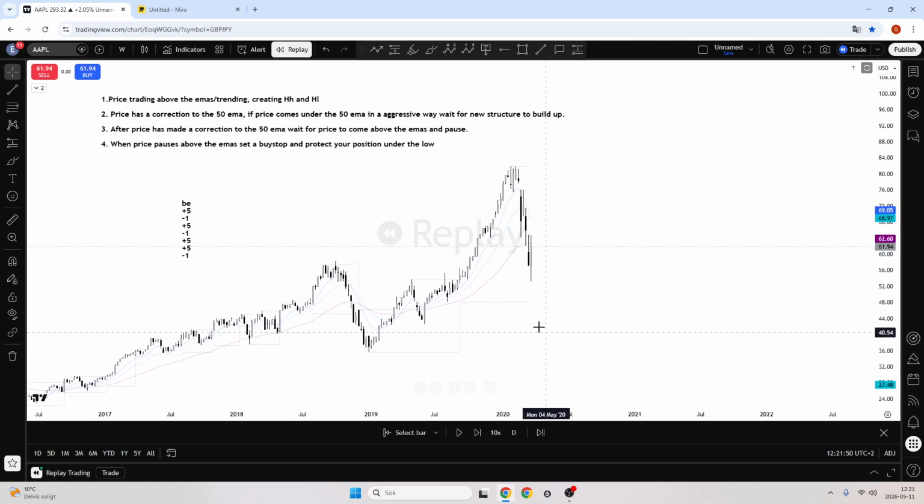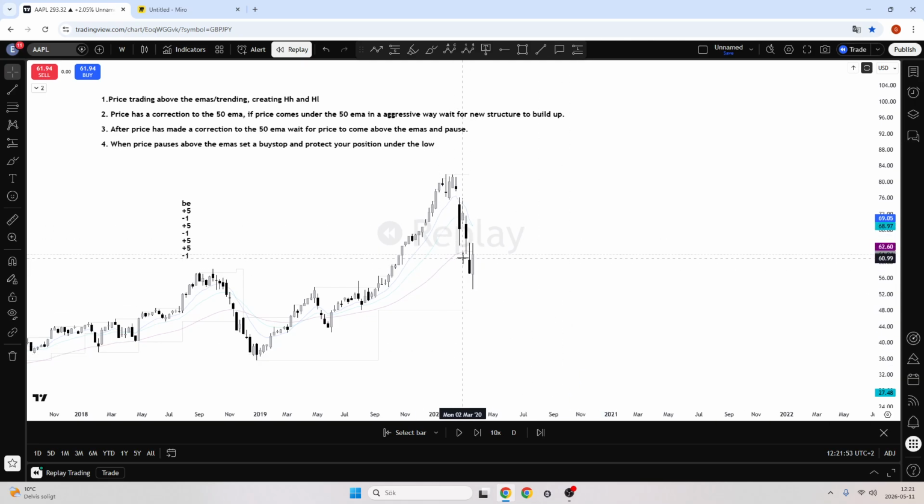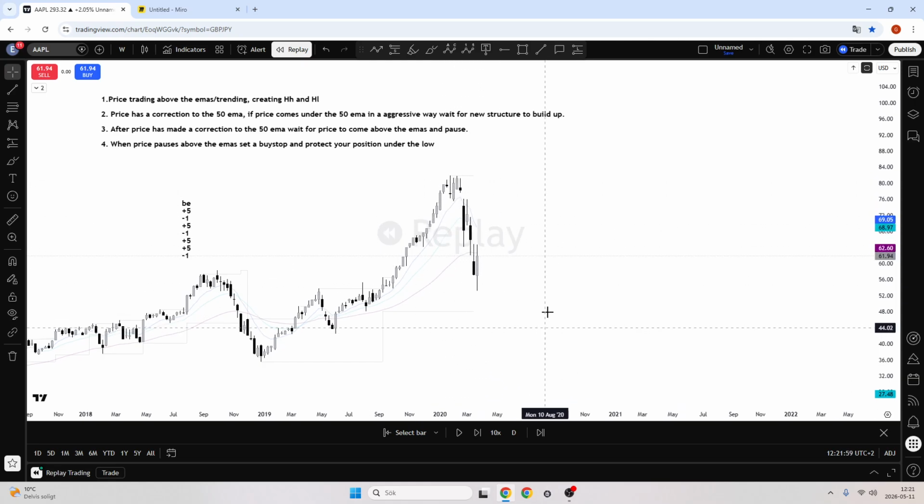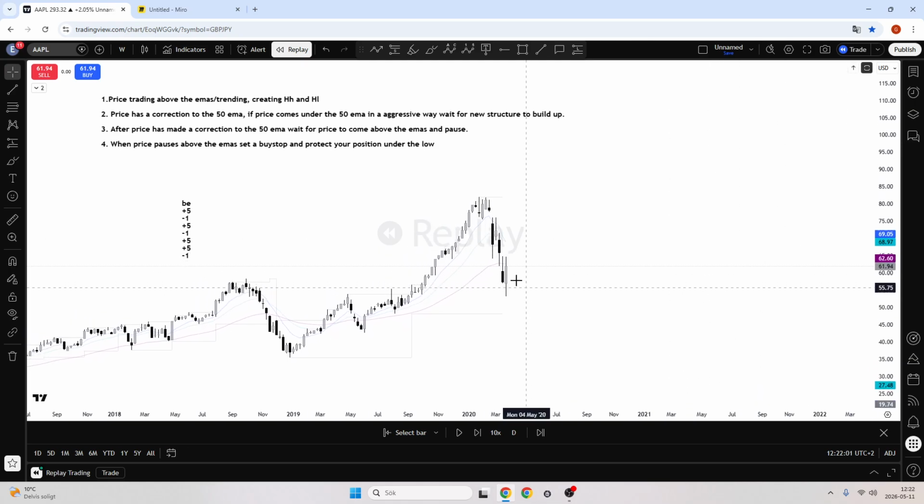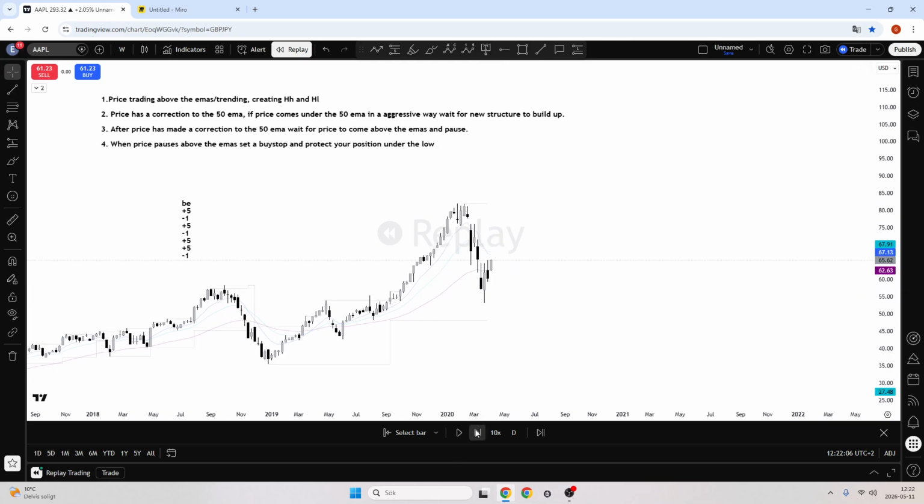So let's see if price comes under, but not in an aggressive way, I would say. This correction to the downside here is a little bit wicky, or it shows resistance because of the candles you see right here. So I would simply wait for a pause, just like that.